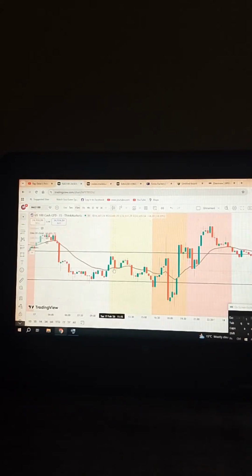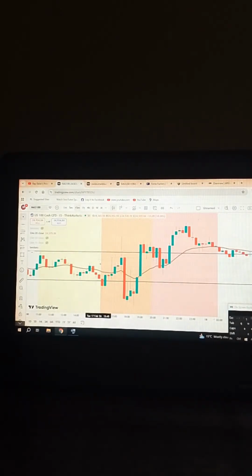So here you can see the liquidity was taken on this side. But on this one, you're able to enter a buy here.